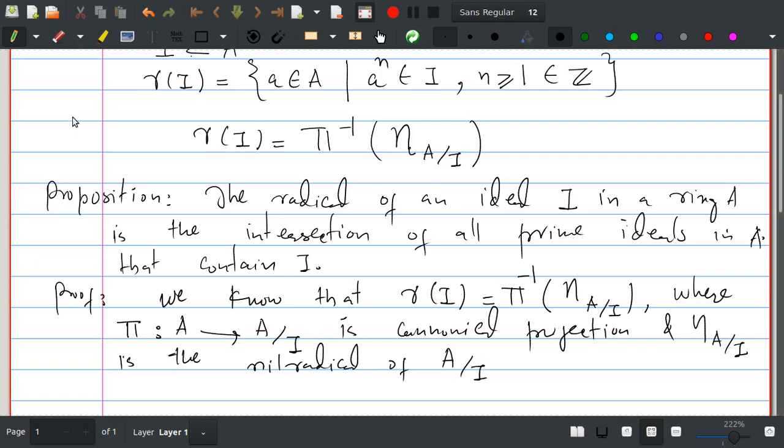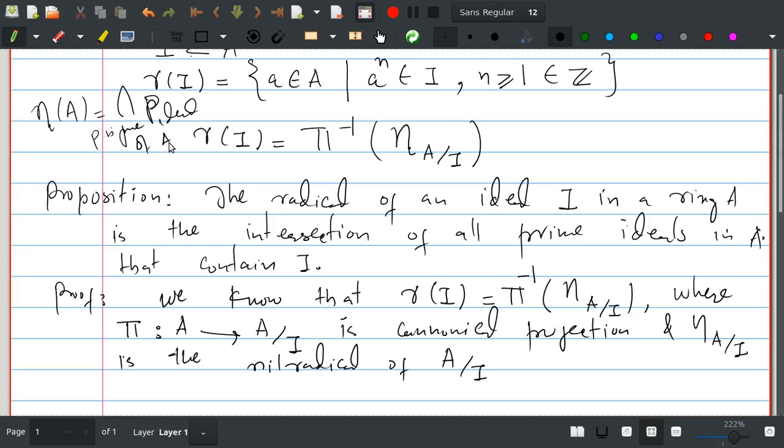But in last lecture we have seen that the nil radical of a ring A is actually the intersection of all prime ideals P in A. So this is already done in previous lectures.